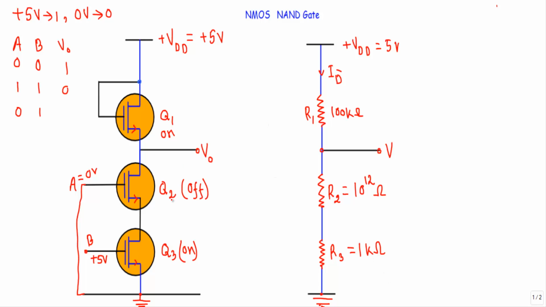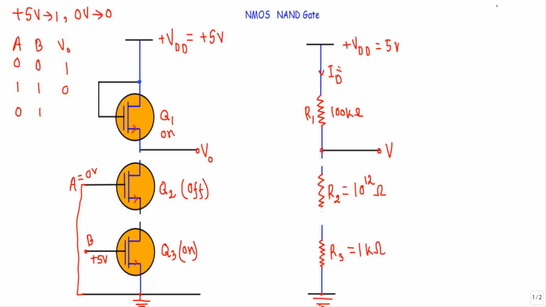Now see, as the transistor Q2 is in off state, its source and drain terminals will act like open switch or open circuit. So I can disconnect the source and drain terminals of the transistor Q2 from this network. If I disconnect the source and drain terminals of the Q2, our circuit will look like this. That means I can disconnect the two ends of the resistor R2 from this given resistive network.